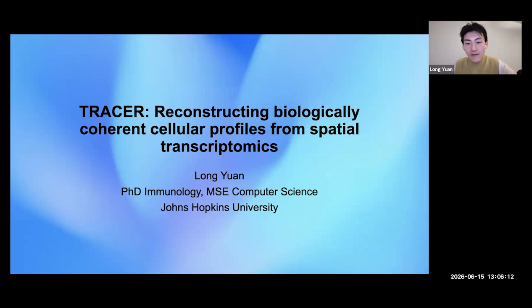My work starts from the opposite premise: in real tissues, especially thick, dense volumetric tissue, the cellular profile itself is often the first source of errors. So Tracer is designed to correct that error directly from the spatial transcriptomic data itself.